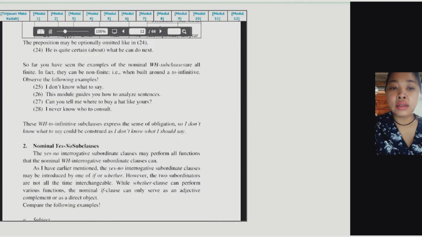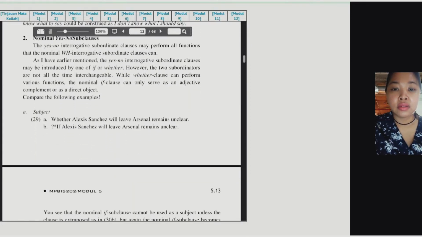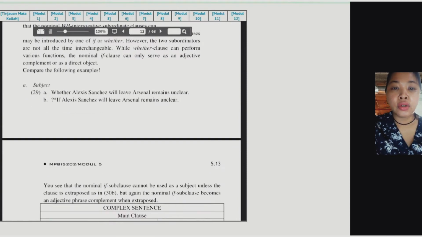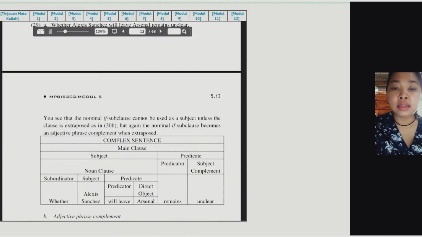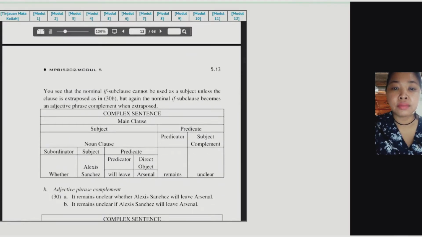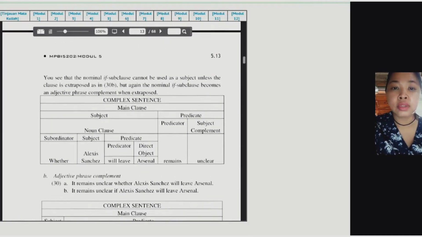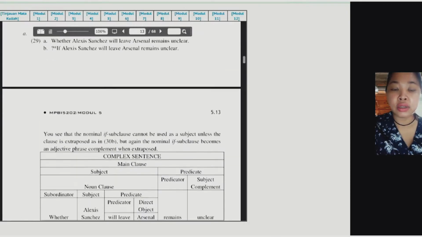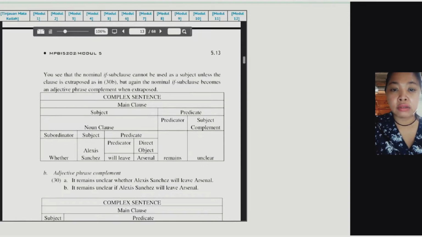And the second one is nominal yes-no subclauses. So the breakdown pattern is here, like whether Sanchez will leave Arsenal remains unclear. This is for the subject. So in the beginning, the noun clause.